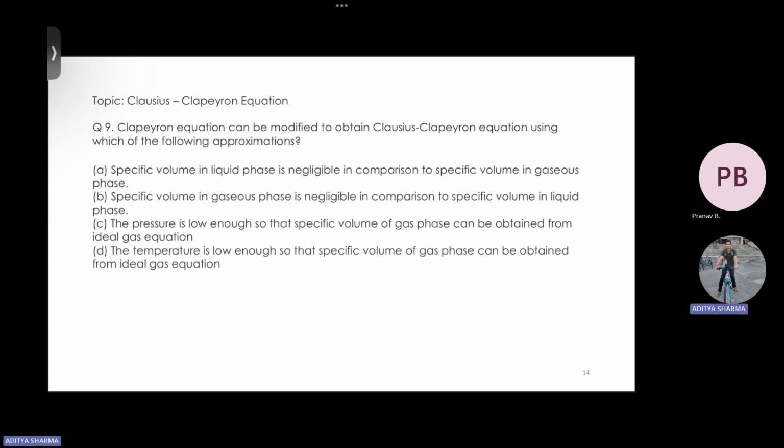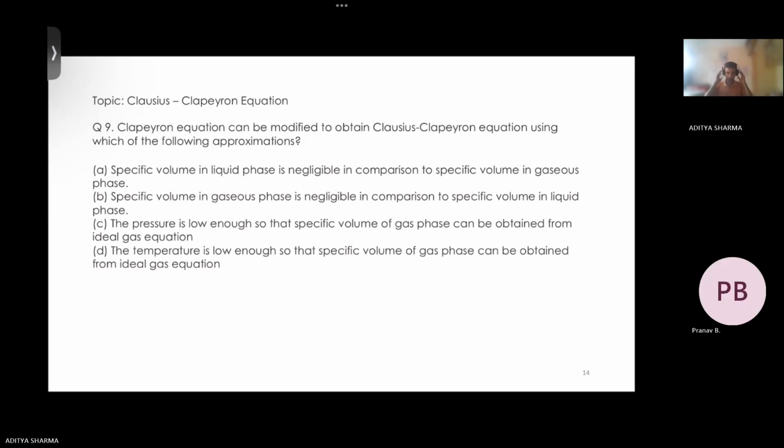Yes, we can try to answer this. I think it's option A. We neglect the liquid phase volume, then we get the equation. So this is a Clausius-Clapeyron equation. Okay. So the Clapeyron equation can be modified to obtain Clausius-Clapeyron equation using which of the following approximations.